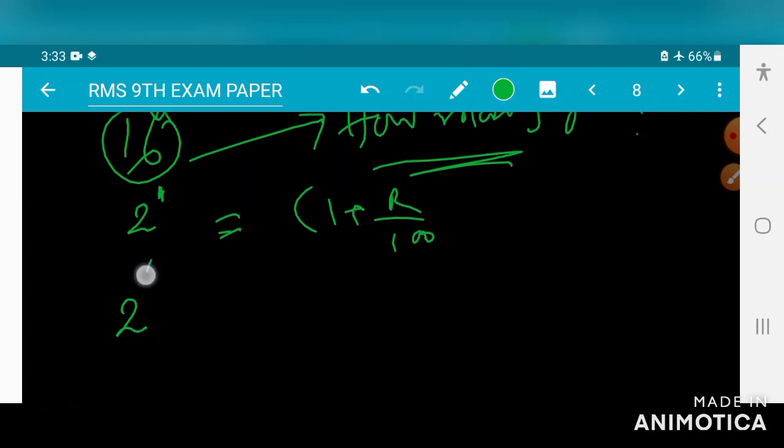We take both sides to the power of 4, both sides 2 to the power of 4.